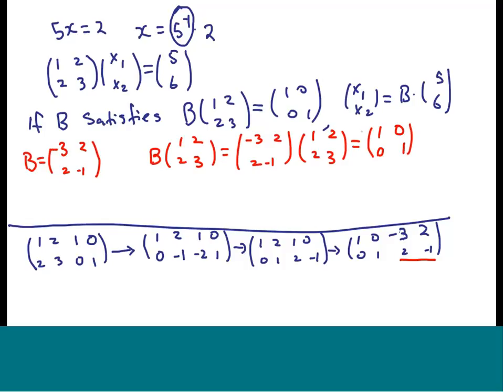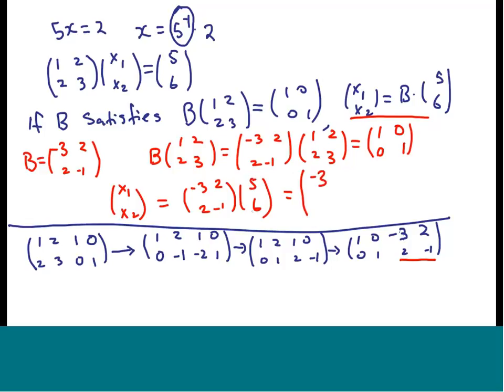If that's the case, then x1, x2 is B, which is -3, 2, 2, -1, times 5, 6. That's the solution. Let's multiply: -15 plus 12, which is -3, and 10 minus 6, which is 4.